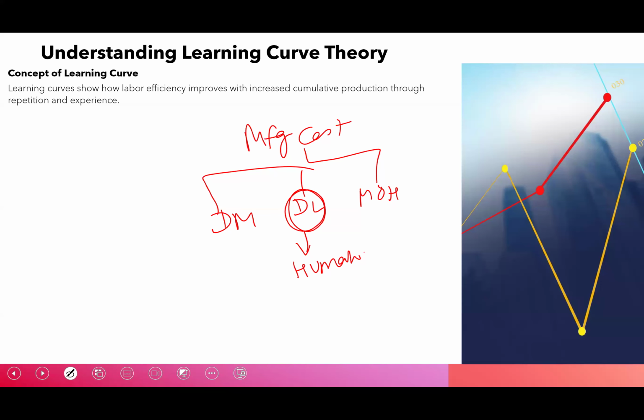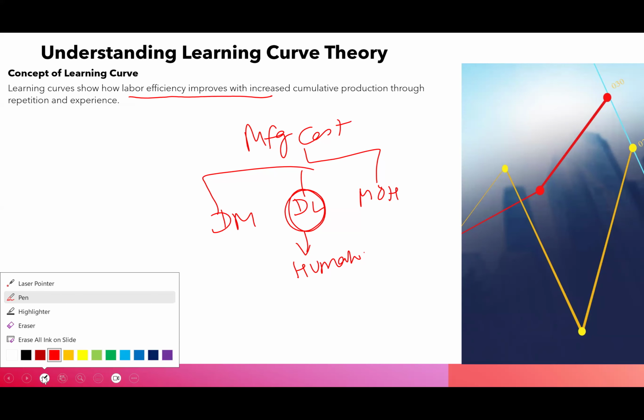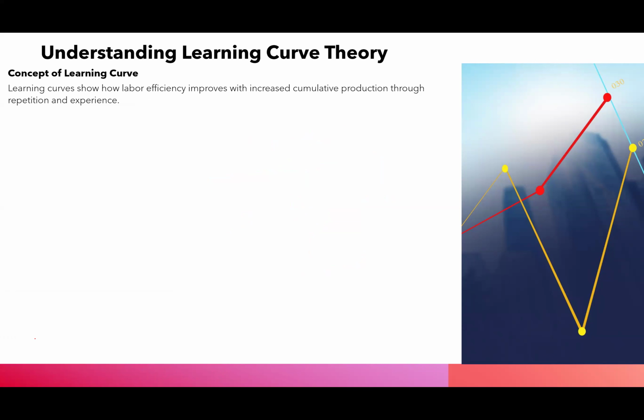No matter what the time taken by a human being to make one unit when making it for the first time, it is going to definitely go down over time because he becomes an expert. So labor efficiency improves, and therefore the labor cost over time cannot be linear. We are almost compelled to drop the linearity assumption, which is what we made in high-low as well as regression. So we are trying to go towards a non-linear method of cost estimation with the help of learning curves.